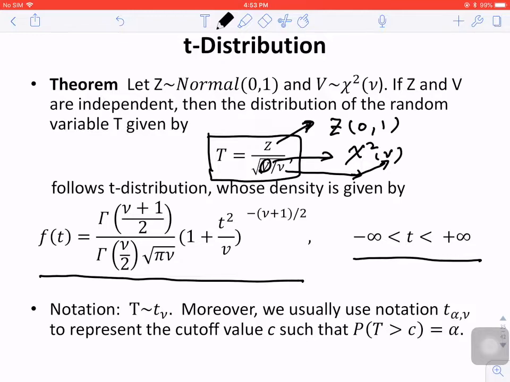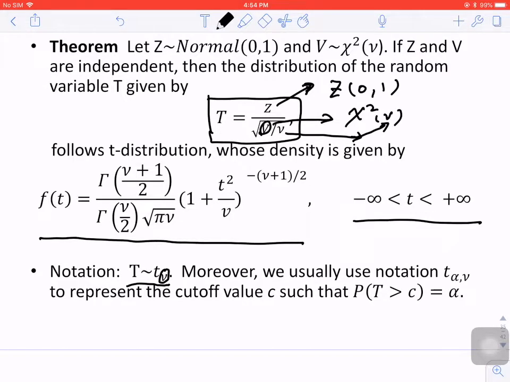Because we are using this chi-square and z to construct a t distribution, this t distribution will have the same degrees of freedom as the chi-square distribution that we used to construct this t. So we say t follows the small t v. This v is the degrees of freedom of this t distribution.